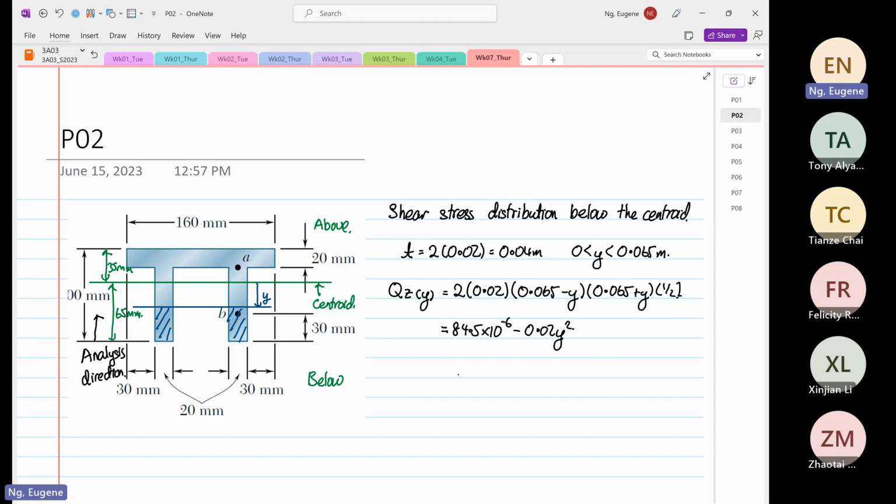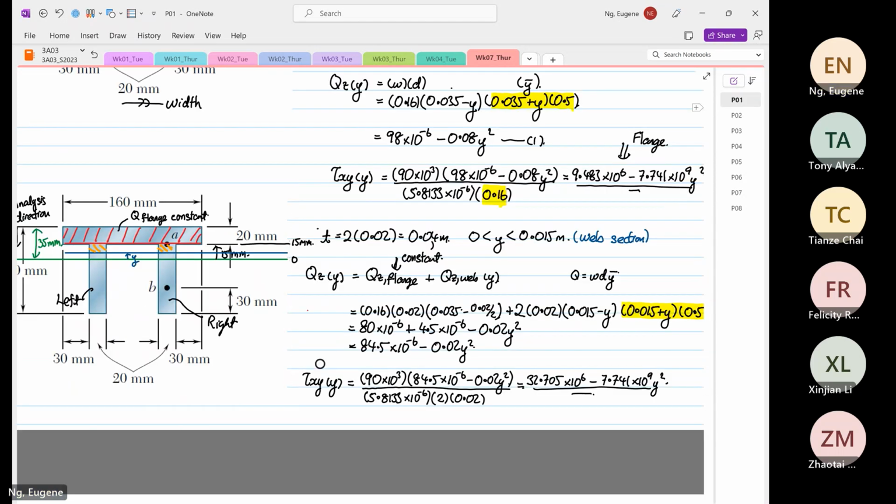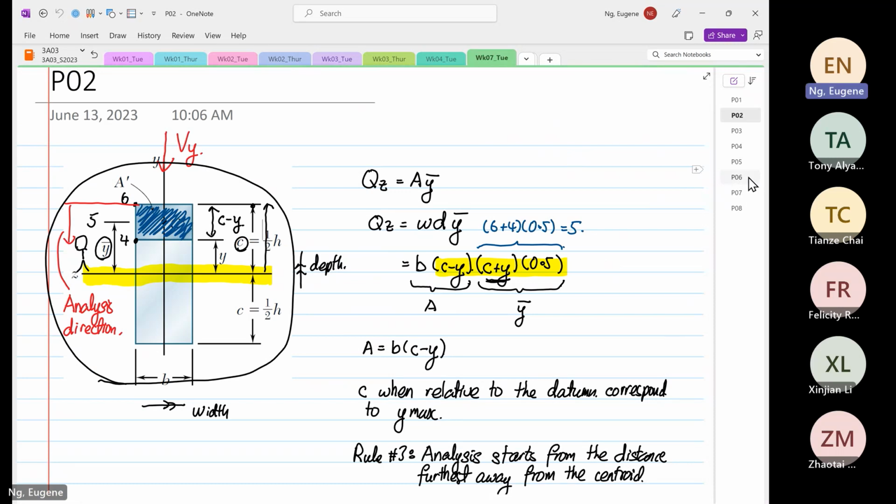You have seen this number, 84.5 times 10 to the power minus 6 minus 0.02 y squared. When we look at over here, the numbers are exactly the same. Can you see that? And I've shown you this before, last week when we did the example.